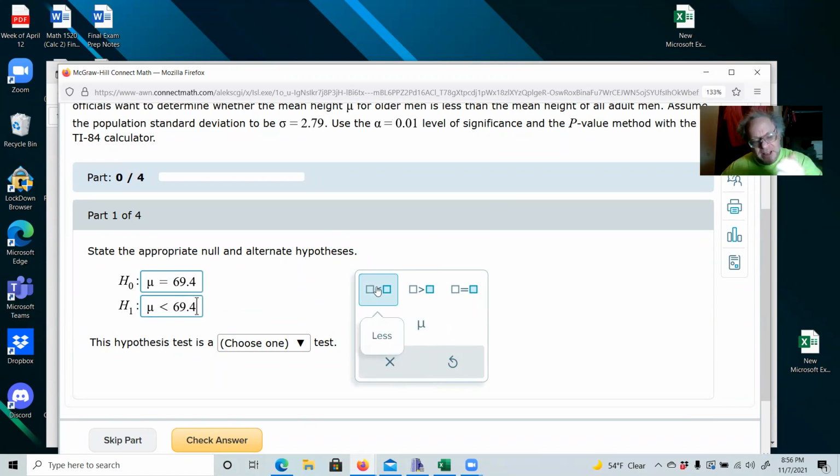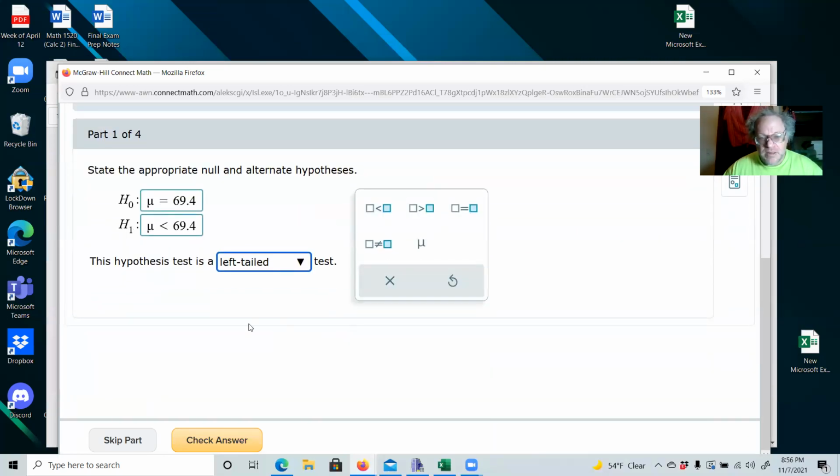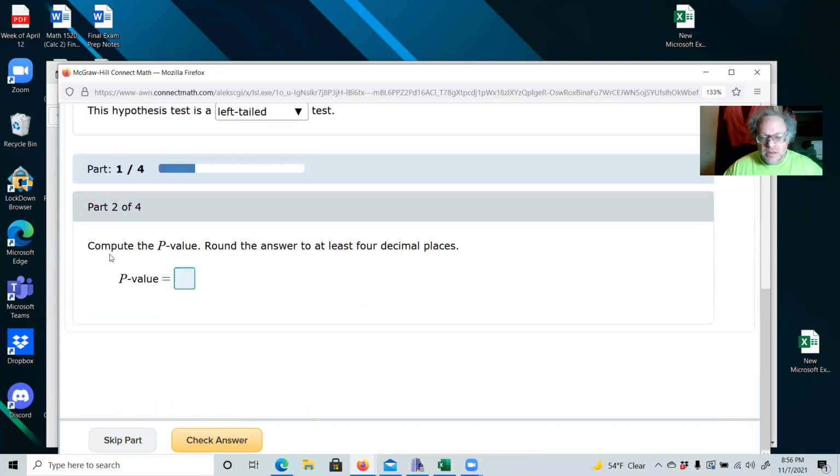So again, the logic we're using, we're not trying to prove anybody right. We're just trying to prove this person wrong. Okay. That's all. And we couldn't do it. So again, left-tailed because we're worried about people shrinking in height. Check answer. Okay. Compute the p-value.